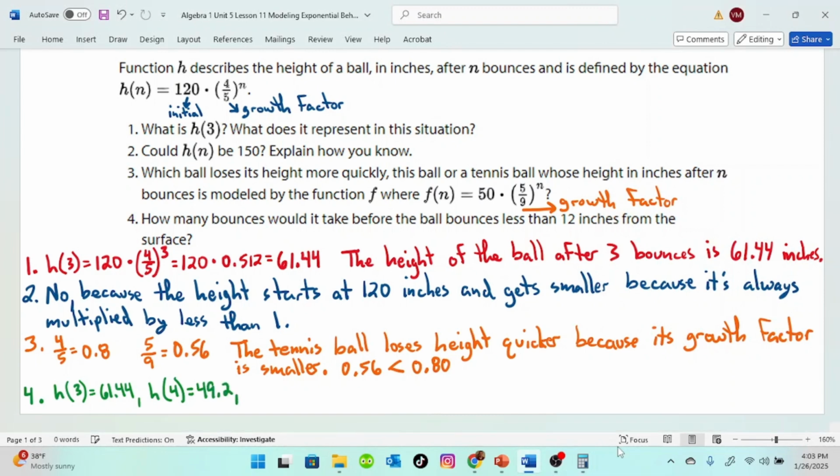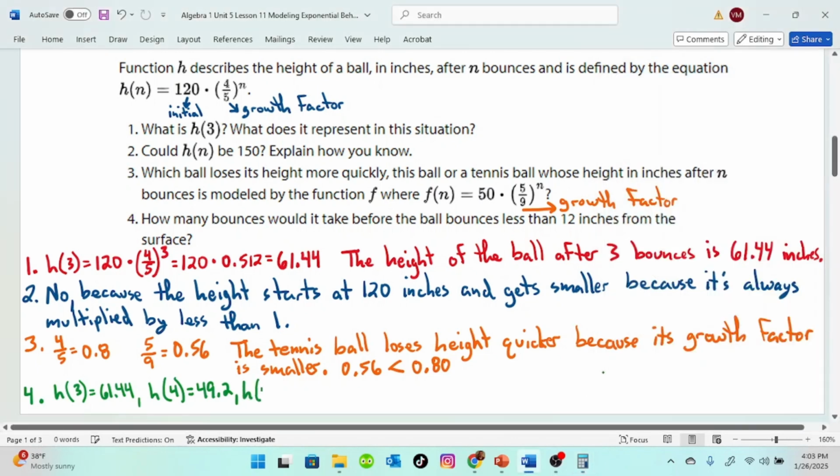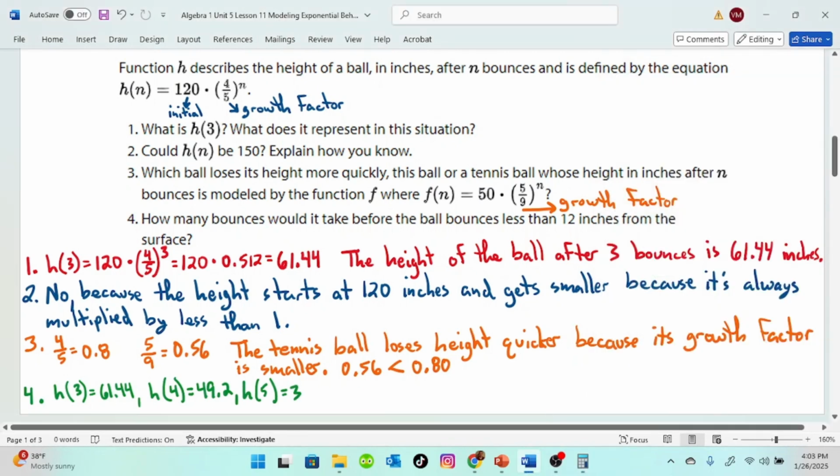So we're not there yet. Now let's multiply this by 0.8. And that means after 5 bounces, we are down to 39.3.